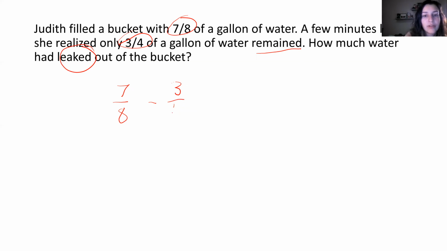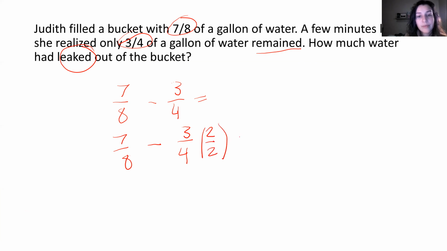And only 3/4 was left. So let's find out what that is. So 8 and 4 are not like denominators, so let's keep doing what we've been doing up to this point. Let's keep 7/8, and we should know that 4 times 2 is 8, so we'll multiply 3/4 by 2/2.